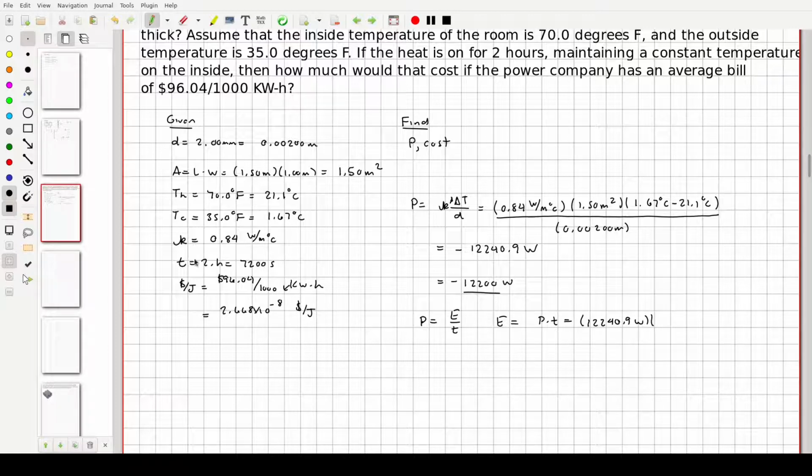Now remember, 2 hours here is 7,200 seconds. So you end up with a total of 88,134,480 watts lost.